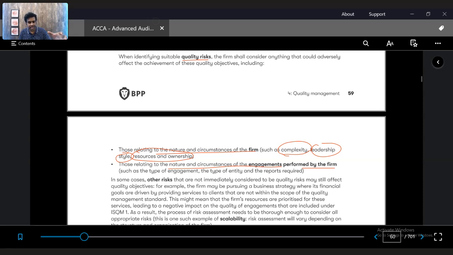So definitely the audit which they are doing in relation to financial services could be affected, because the nature and circumstances of the engagements they have done are of some other industry and not the industry that they are going to pitch in now. So those could affect the auditor.